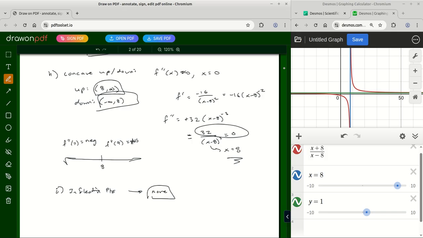So here we'll get a negative. There's a positive. Negative means concave down. Positive means concave up. And that's how I have my up and down answers. Inflection points, again, that's literally this thing is equal to 0, as in like the top is equal to 0. Solve for x, and there's none, and that's it.